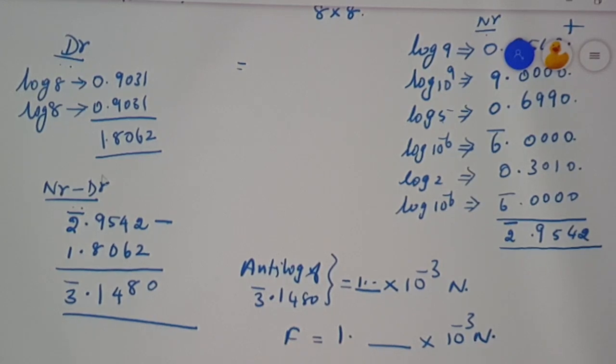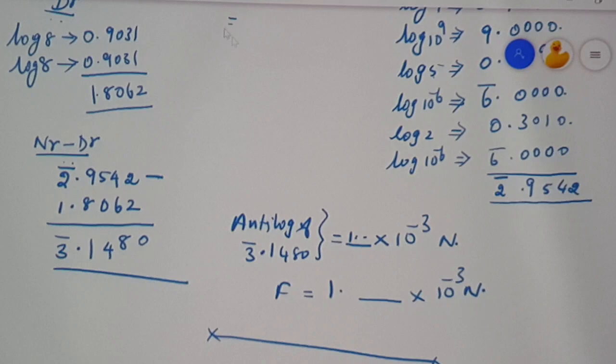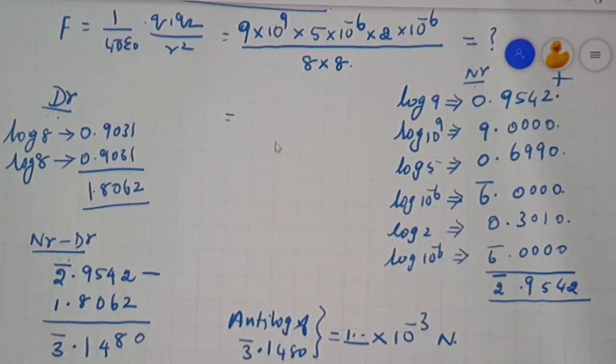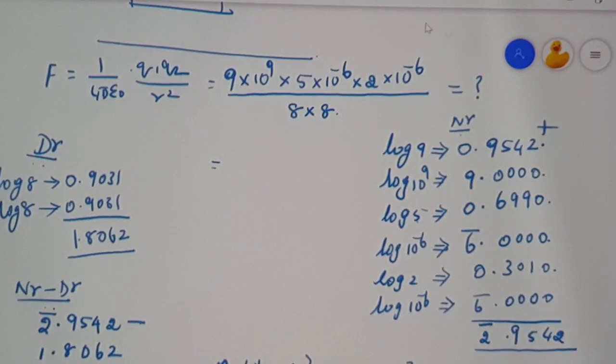This is how you have to work out a formula with the help of logarithms. Hope you have understood the idea. You should have a clear idea regarding logarithms. Clear? So try to understand this first, and how to solve a problem if the quantities are given. After substituting, see how I have dealt with this.